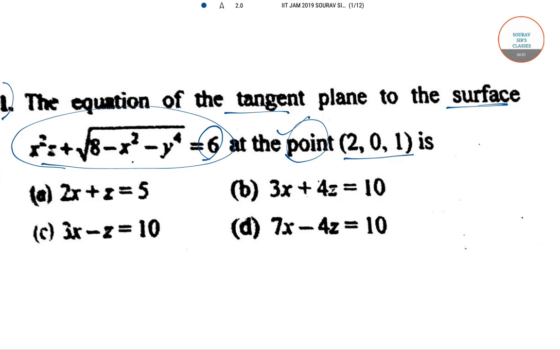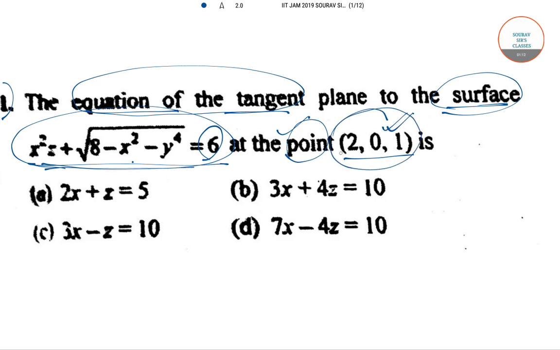So the question is asking that we need to find the equation of the tangent plane to this surface at this particular point. We will continue solving this question in this video.